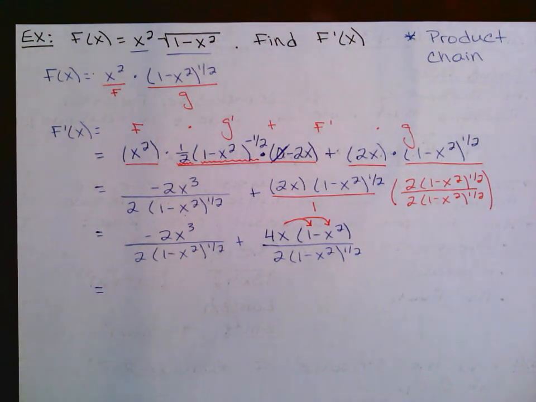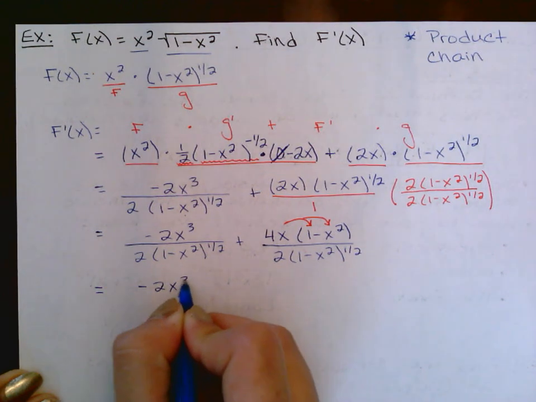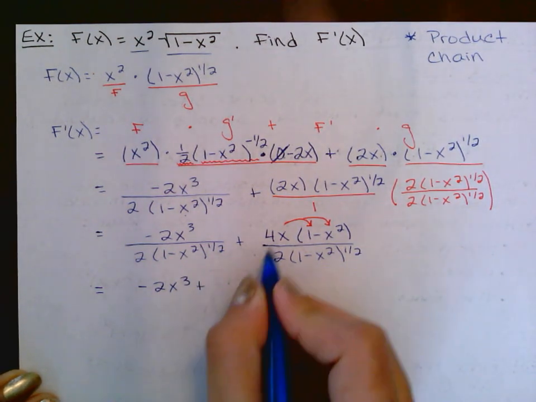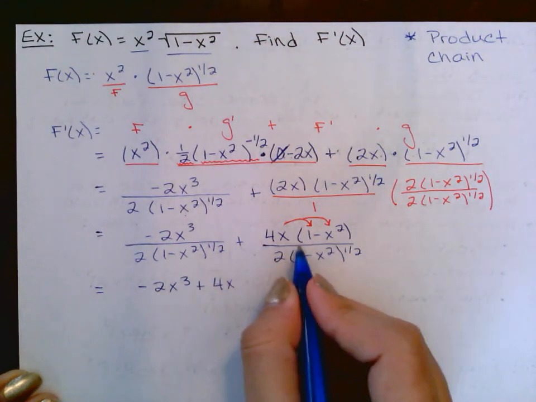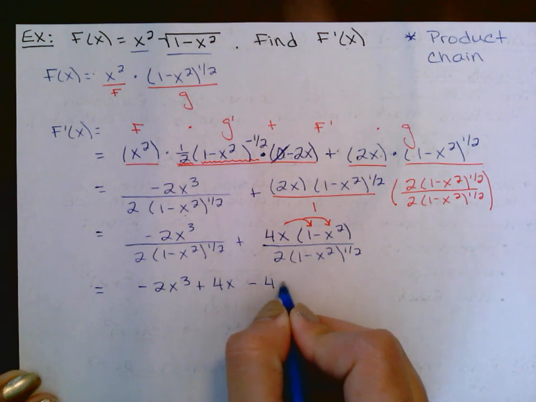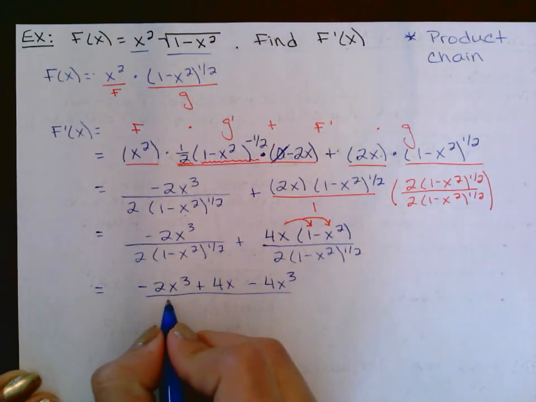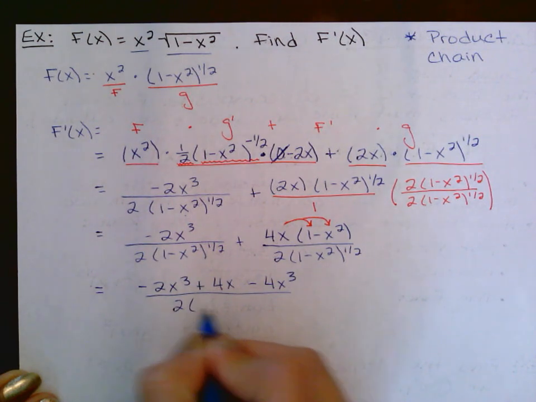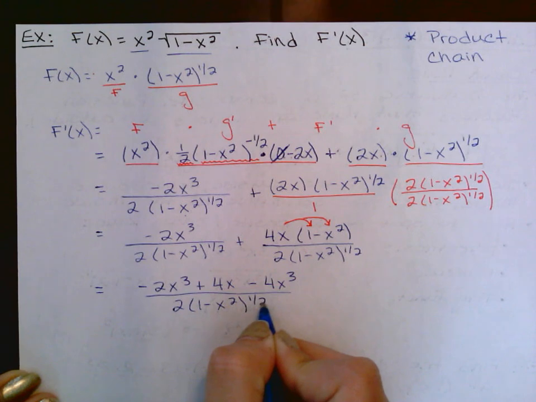Okay? So now I have negative 2x cubed plus 4x times 1 plus 4x times negative x squared. I end up with a negative 4x cubed. All over, I can write the denominator one time. 2 times 1 minus x squared, all raised to the 1/2.